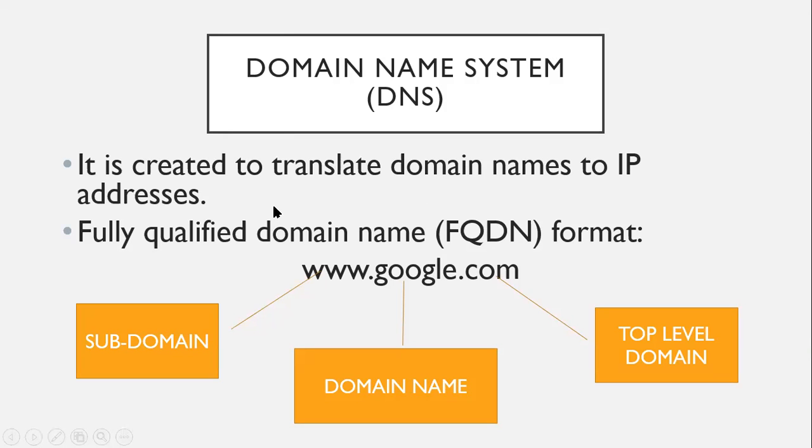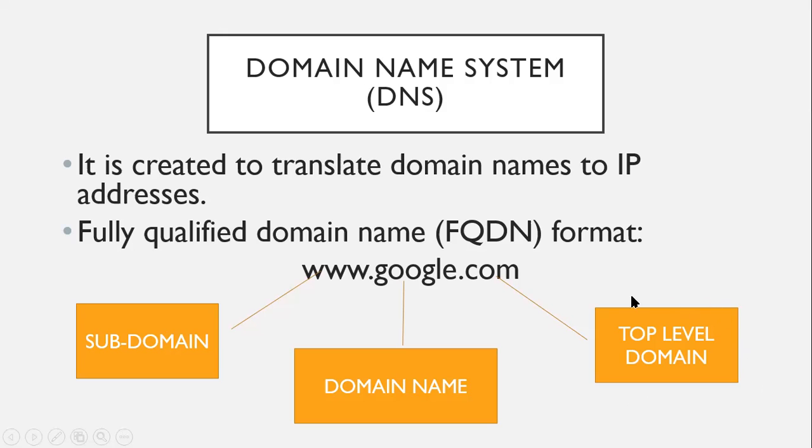A fully qualified domain name, or FQDN, format is this: the subdomain dot the domain name dot the top level domain. When you input www.google.com in your web browser, the DNS first checks the top level domain. This is the first thing the DNS will look for.